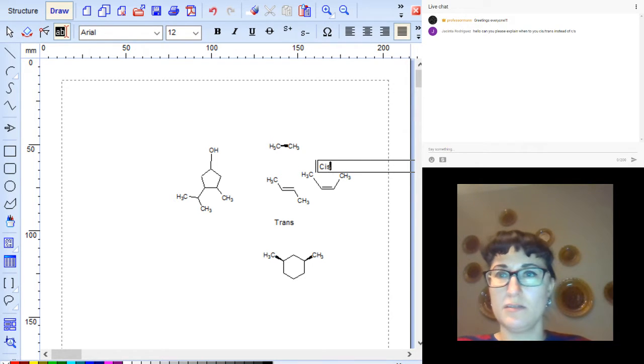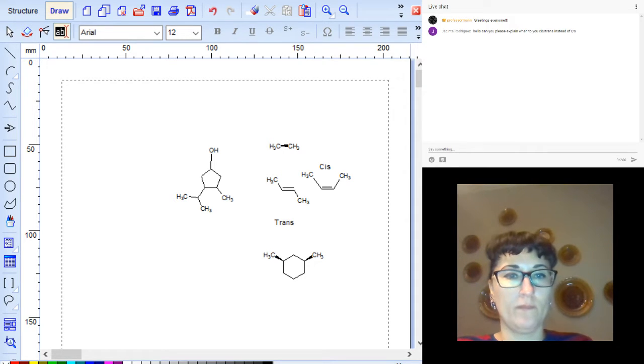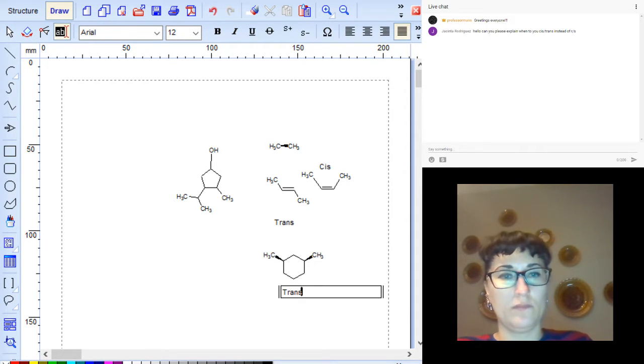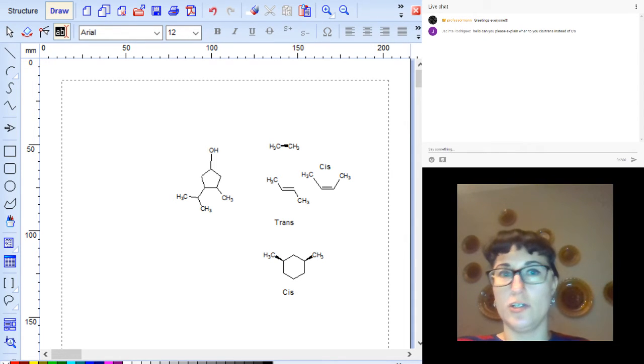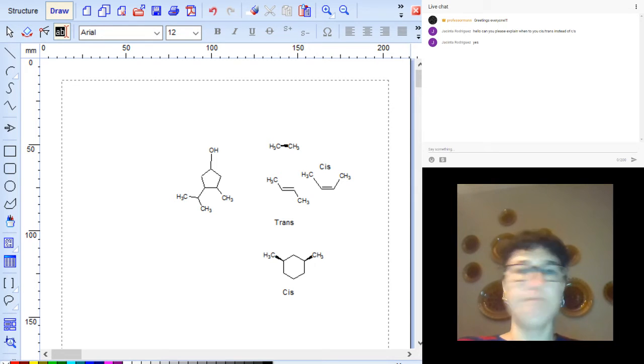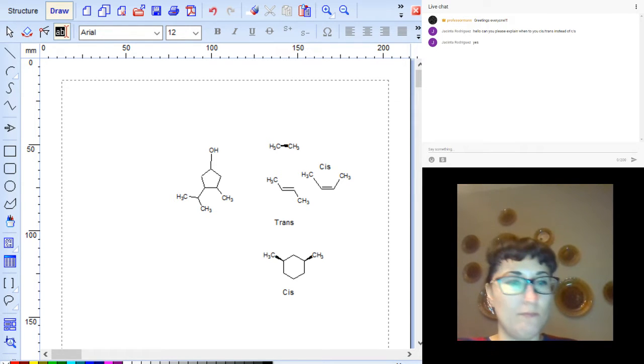Does that make sense? It's essentially just identifying a relationship between two groups. Okay, good. Awesome. More questions?